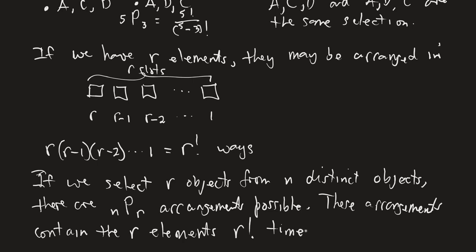But remember, we don't want to count these R factorial times differently. Essentially, we want all of these to be treated as one selection of those R objects.